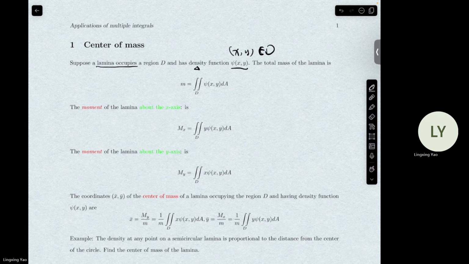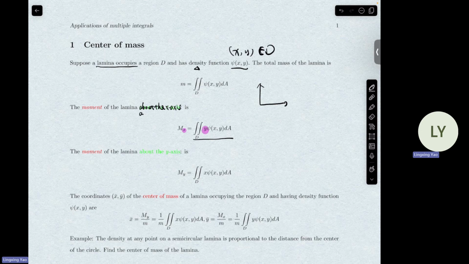Then we want to introduce two so-called moments of the lamina. First, the moment about the x-axis. If you want to calculate the moment about the x-axis, you have to multiply y by the density and compute the double integral.